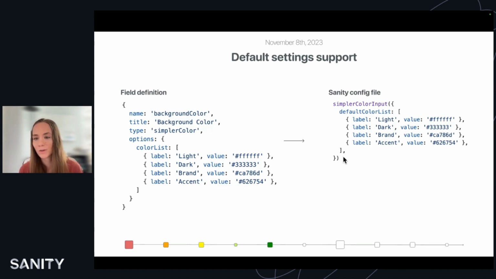So I made it so that in the config file itself, you can specify default settings for everything. You can have a default color list, and by default that applies, and you would be able to remove these options entirely unless for some reason you wanted to override the defaults.